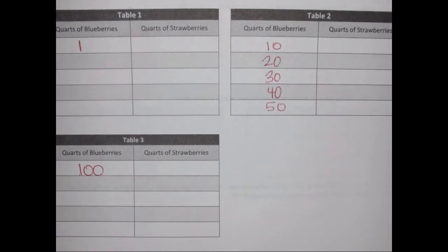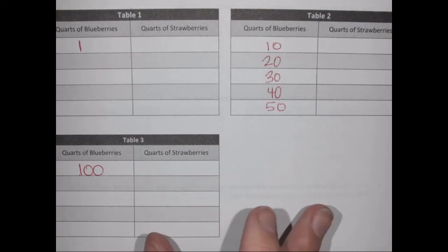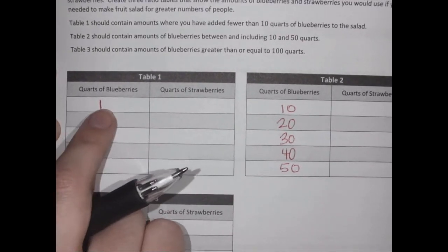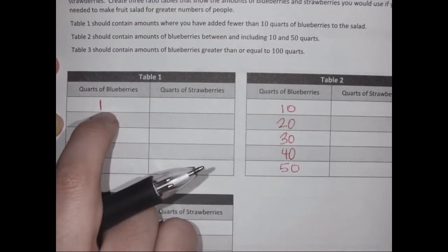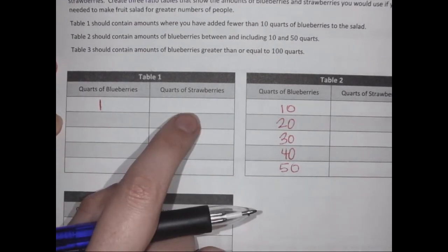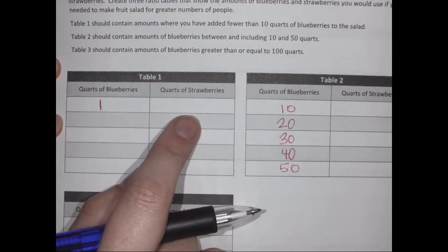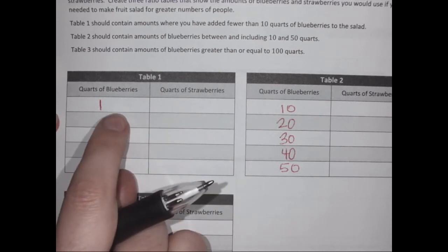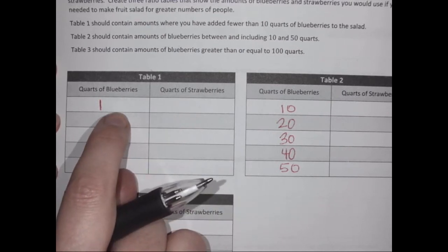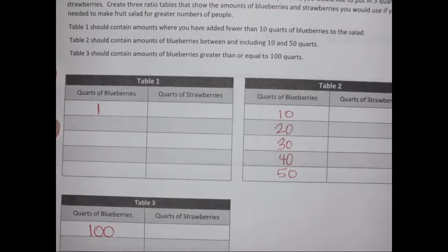Okay, so up here for table 1, if I have 1 quart of blueberries, how many quarts of strawberries should I have? Judas, how many quarts of strawberries should I have if I have 1 quart of blueberries? You can look back at the problem if you need to.